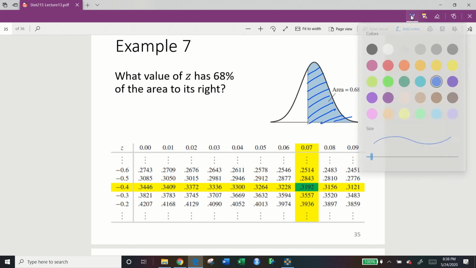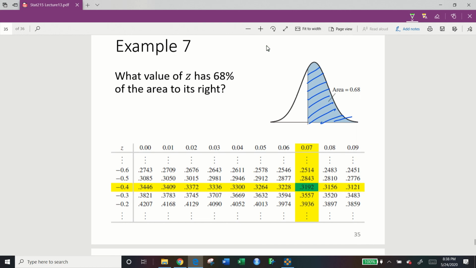The issue for us is that the z table gives us area to the left. And I'm writing this down. So what are we going to need to do in order to solve this problem?